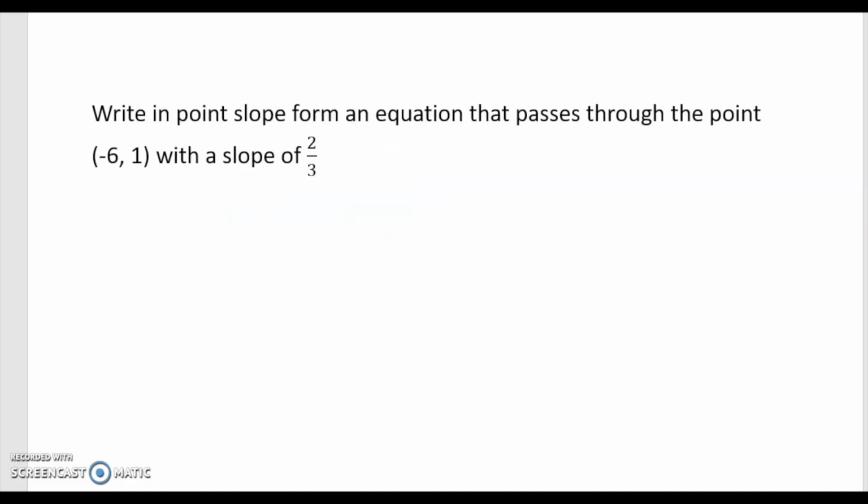So in this problem, we are given the point (-6, 1) and the slope, 2/3. And we want to write the equation in point-slope form. So point-slope form is y minus y1 equals m times x minus x1. So all we do is we take our x1 and our y1 and we plug those in.